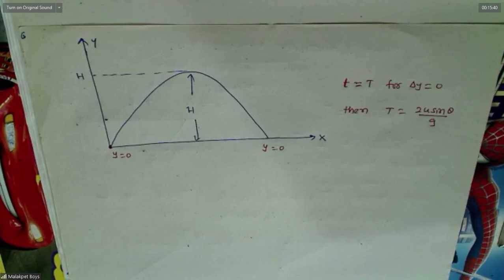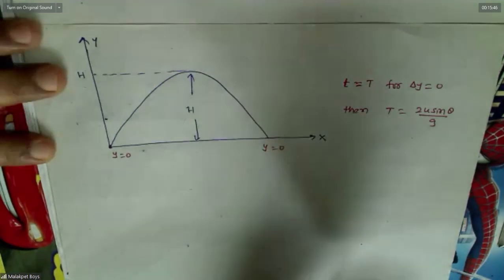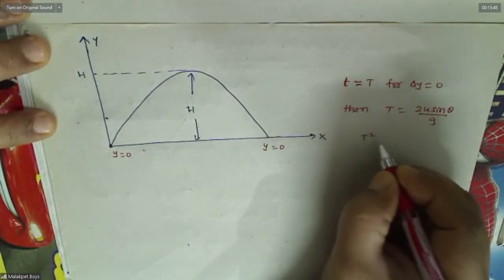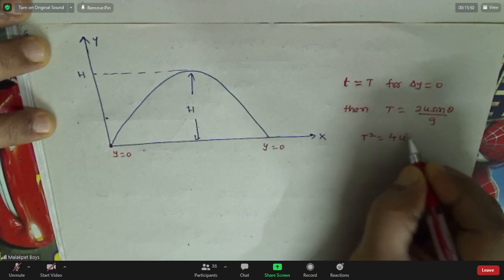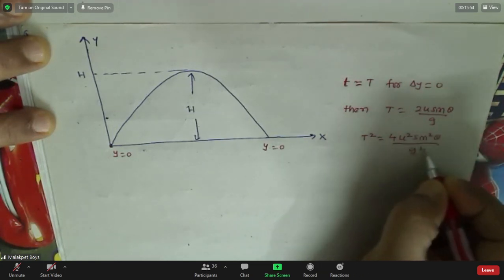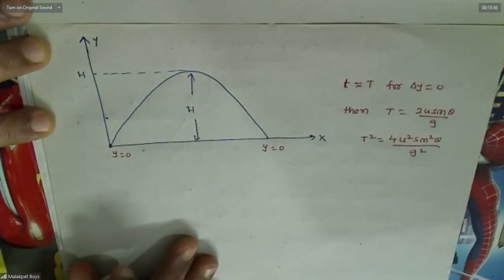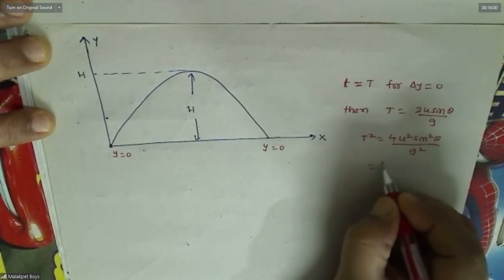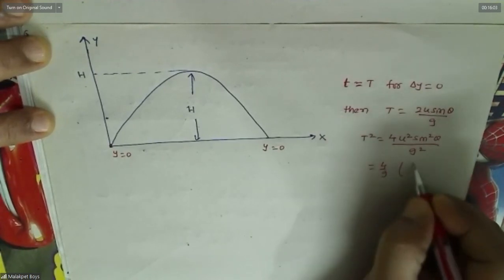Do you agree with this? Boys, follow or not? Following, sir. And what is t square? 4u square sine square theta by g square. Do you agree with this? Clear? 4 by g, can I write like this?